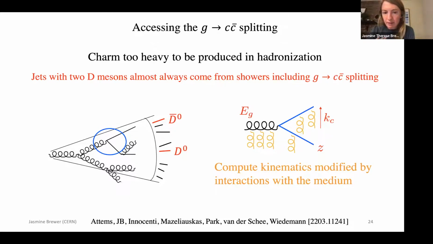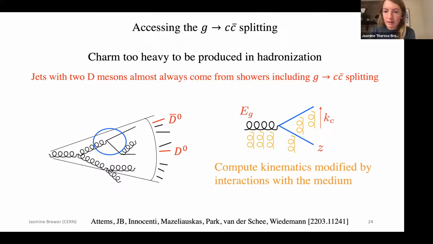I feel like that was a bit much, but the point is that there's a way to access these gluon splittings to charm quarks in jets with high purity. And that gives us a good way to tag this splitting more experimentally.